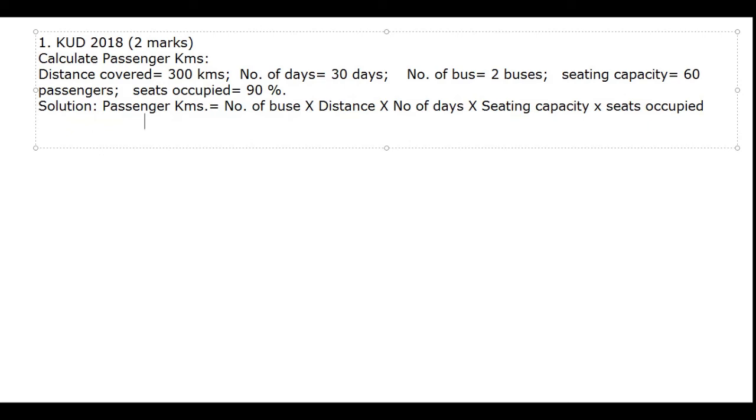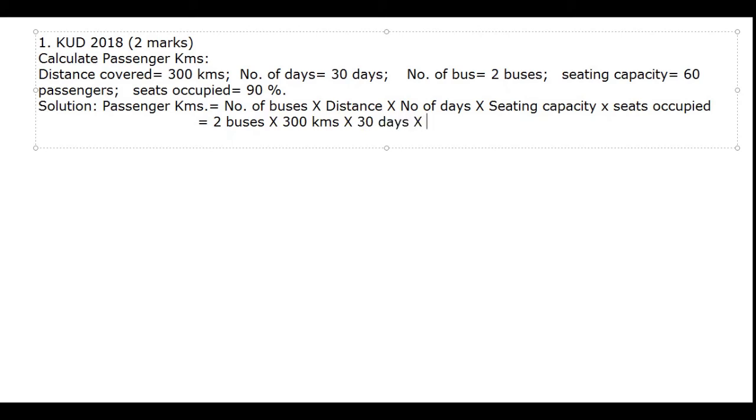So let's calculate. Passenger kilometers is equal to number of buses given in the problem, 2 buses, into what was the distance. Distance given is 300 kilometers, and next number of days, 30 days, into seating capacity was 60 passengers, into seats occupied was 90%.